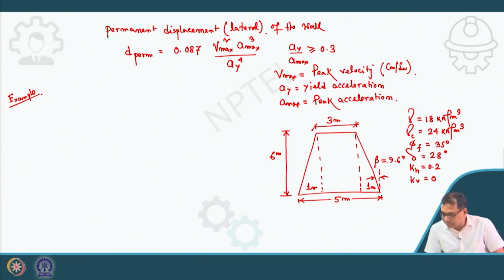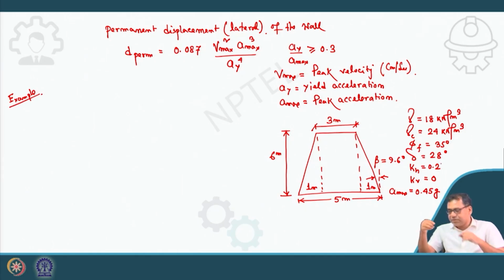Now first we have to calculate the yield acceleration, and Amax I am taking the same value that I took during that example where we determined the sliding mass displacement. So that value was 0.45 g. So the same value I will take here, 0.45 g.